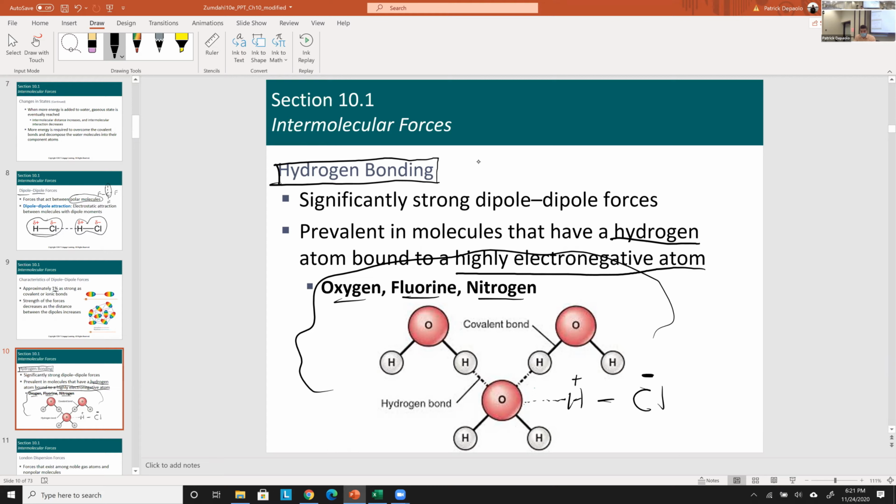That's where the word polar comes from. It won't be as polarized in the negative direction than if you had fluorine, nitrogen, or oxygen over here. So it'll be a weaker polar molecule than water, meaning it will still form a dipole, but it won't be a hydrogen bond specifically. Okay, so any questions on that?